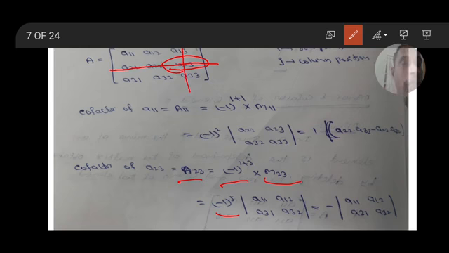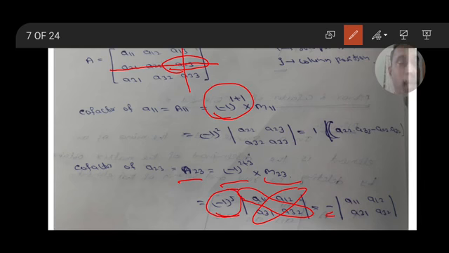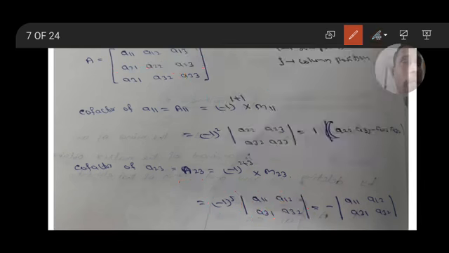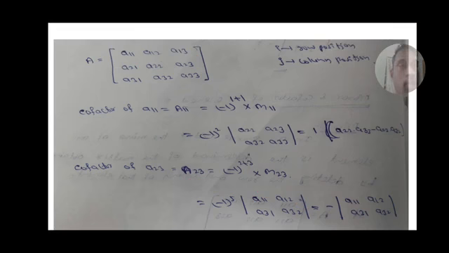The remaining matrix is a11, a12, a31, a32, so ad minus bc. The determinant times (-1) to the power of 5 means minus the determinant of a11, a12, a31, a32. Only this (-1) to the power of i plus j means plus 1 or minus 1 will come, and we multiply the minor by plus or minus 1.